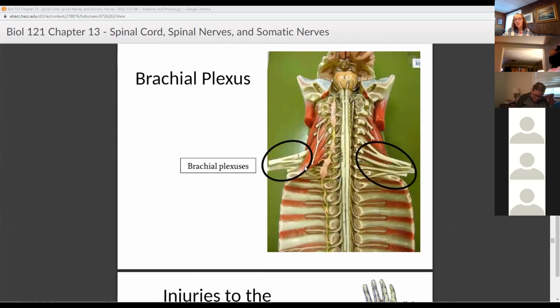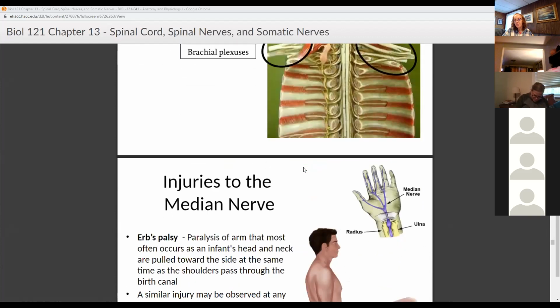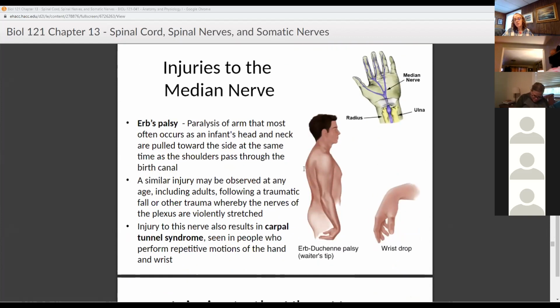So the brachial plexus comes off C5 to T1. Injuries to the median nerve result in carpal tunnel syndrome. There's a fibrous connective tissue, the carpal retinaculum, that wraps around the tendons and nerves of your carpal wrist.